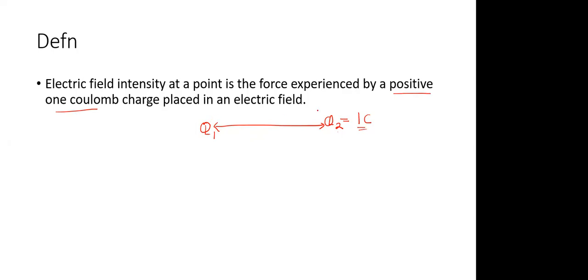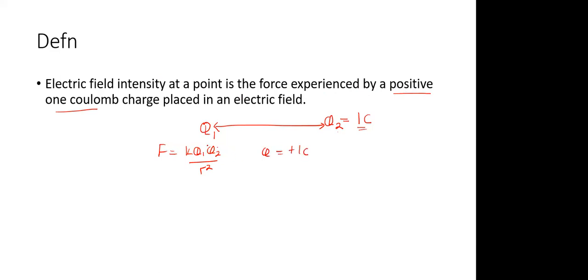What is very key is that electric field intensity is the force experienced by a positive charge. We know that when calculating force, we get charge Q1, charge Q2, times K, over R squared. But when it comes to electric field intensity, one of these charges will have a positive 1 coulomb.